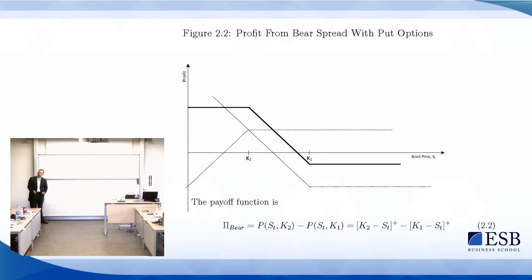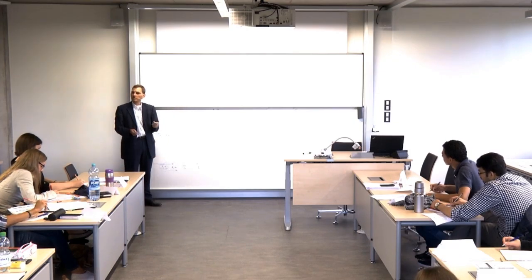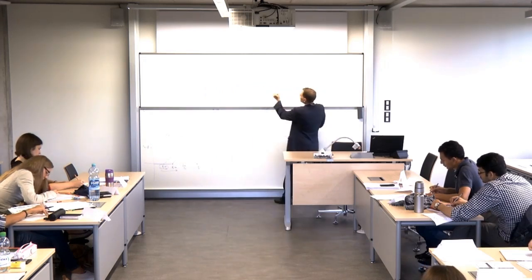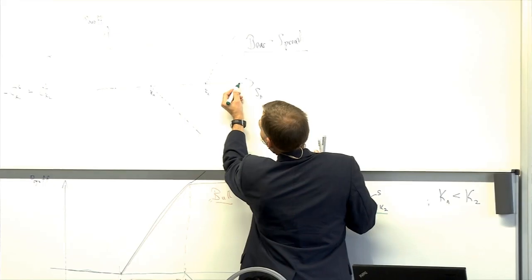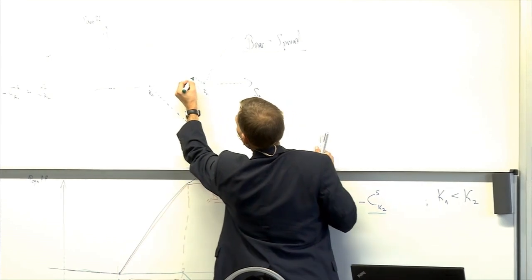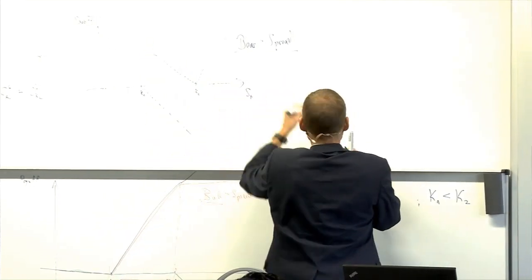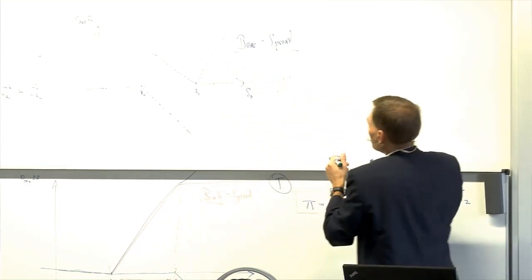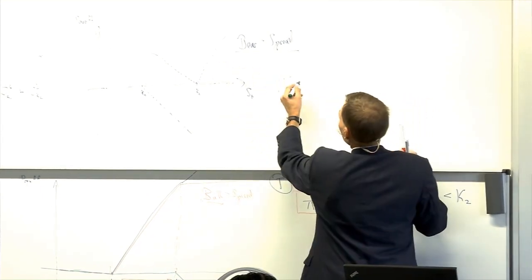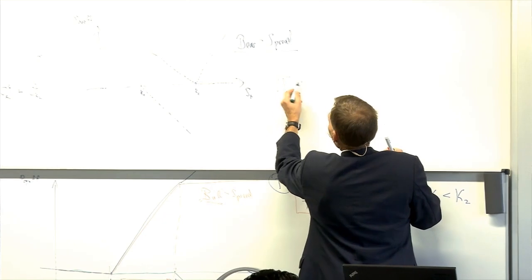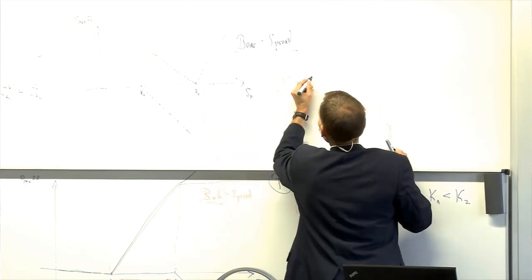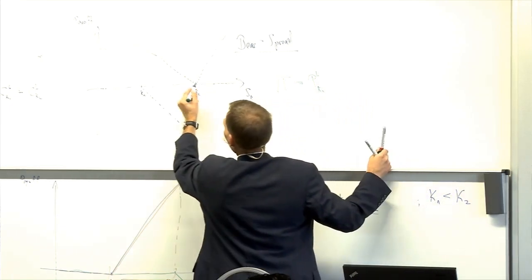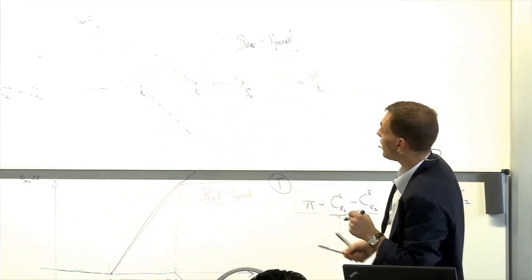By the way, you can also get the same with put options. Can I give you a hint? If I look from the graph here, you can say, well, what we have here is a put option. So let me design the portfolio of a bear spread with put options. Well, we have a put option long at K2, with a payoff diagram I already illustrated today.